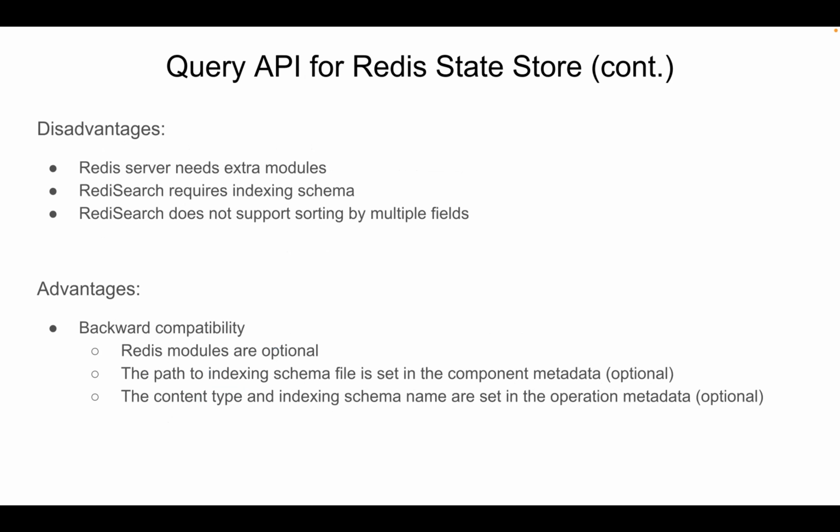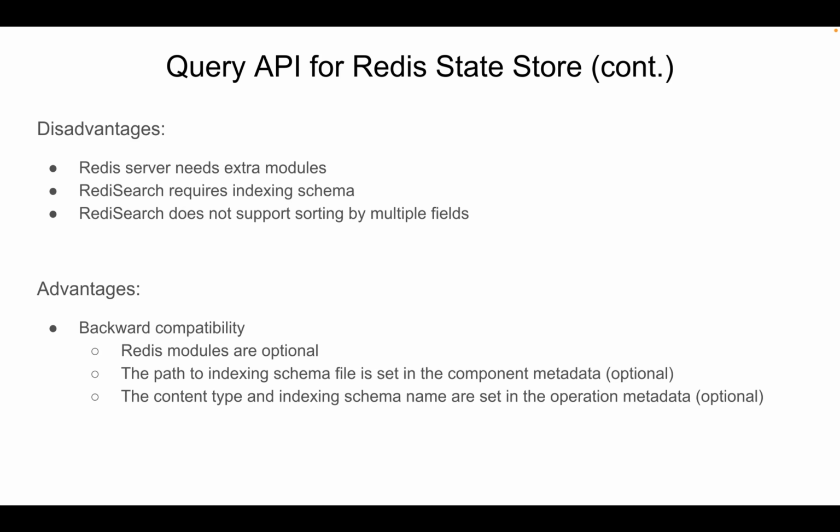So what are the advantages and disadvantages? Obviously, a disadvantage is that the Redis server will need two additional modules. Another disadvantage is that Redis Search requires indexing of the JSON documents before it can run the query.